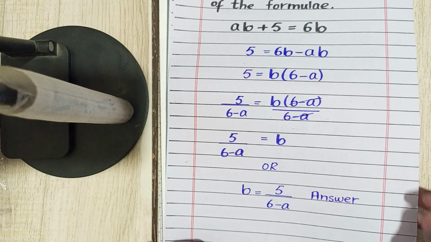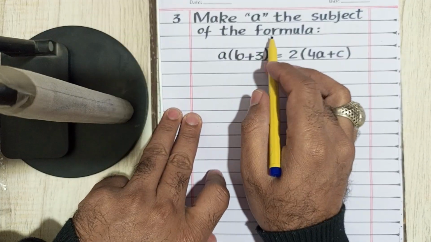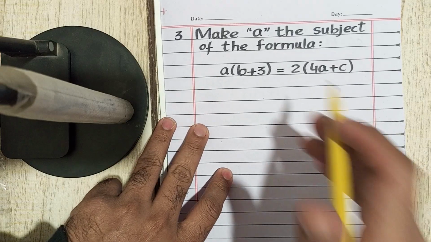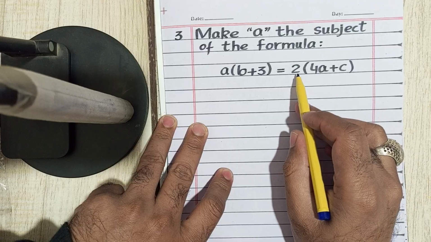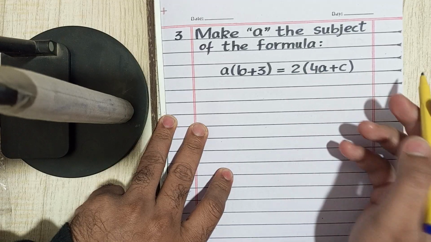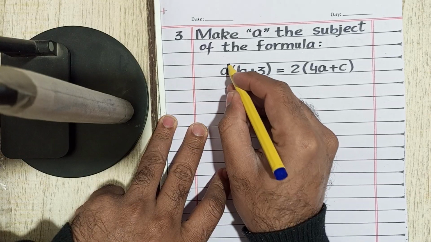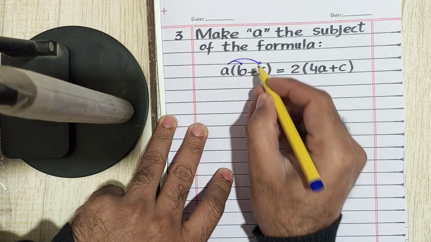Now our next question, question 3. In question 3 we have: make a the subject of the formula. Here we have a into b plus 3 equal to 2 into 4a plus c. First of all we multiply this a with each term.